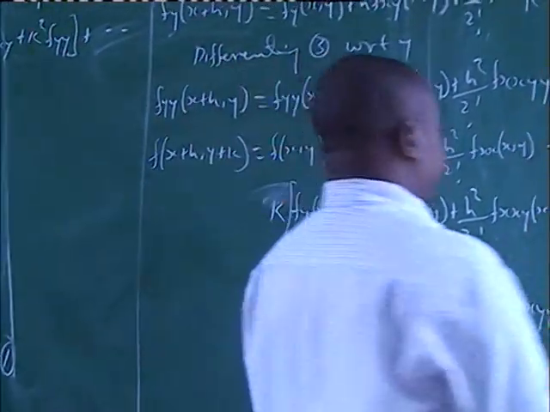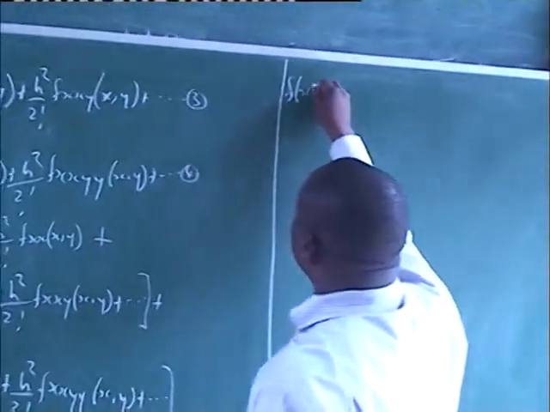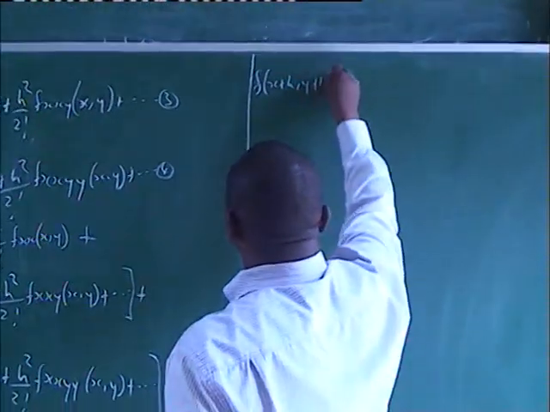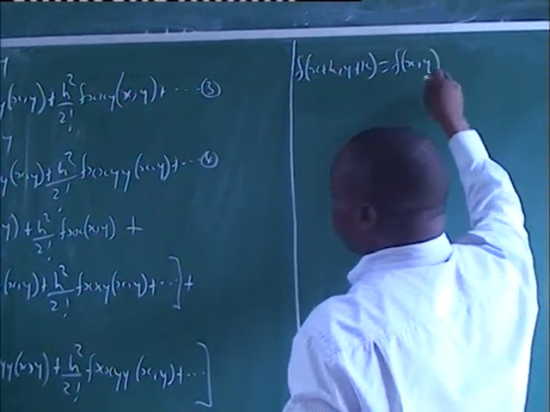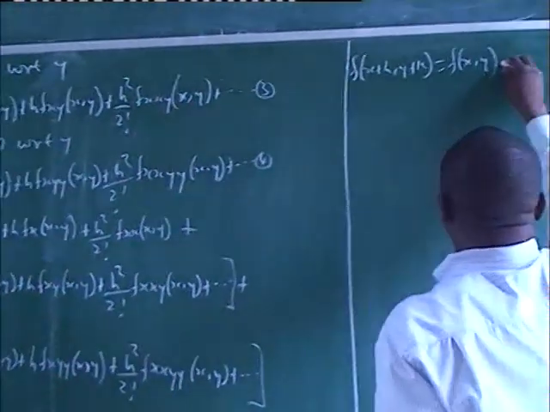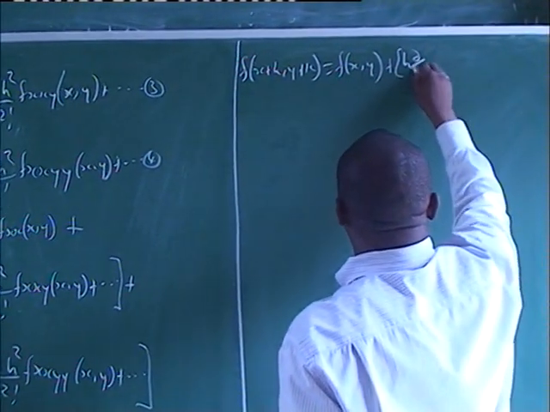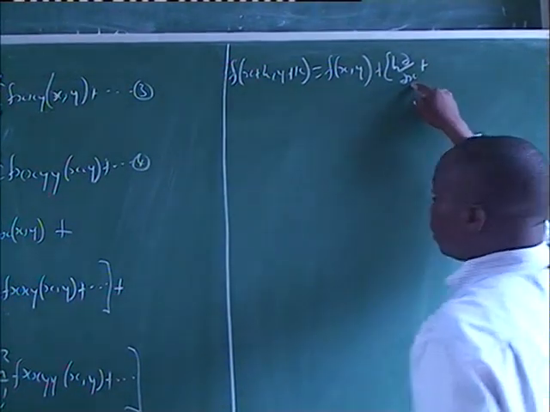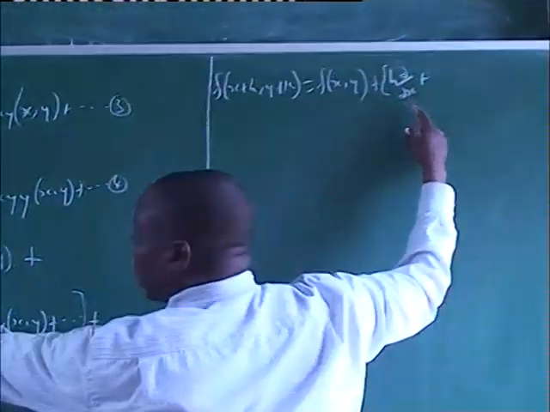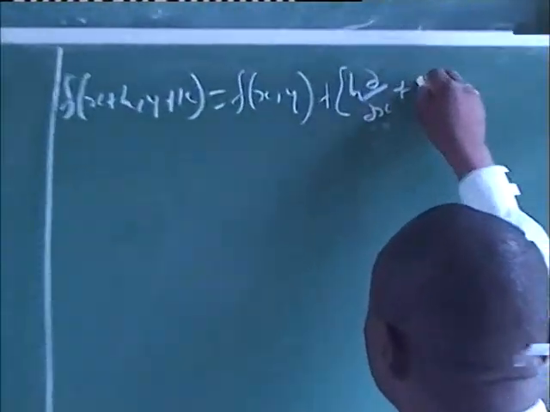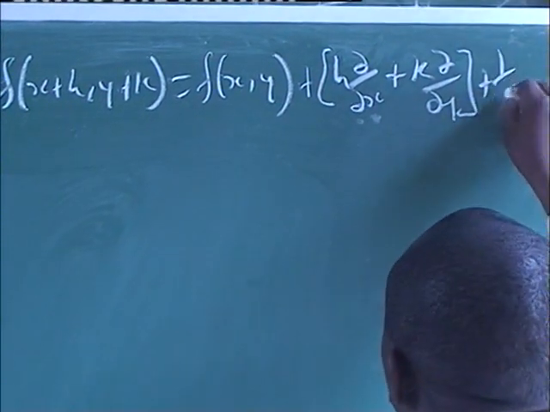You have that f of x plus h and y plus k will be equal to f of xy, which is the first one, plus h partial f partial x. I try to put it there. Partial y, plus 1 all over 2.